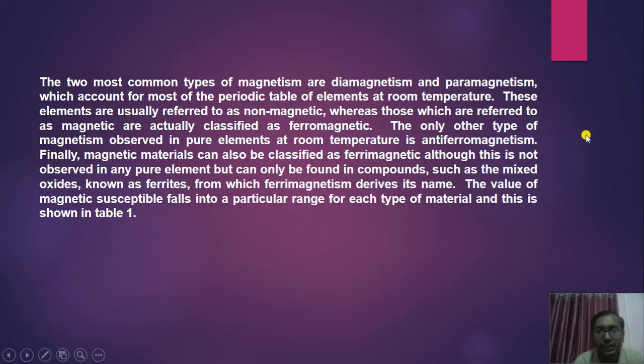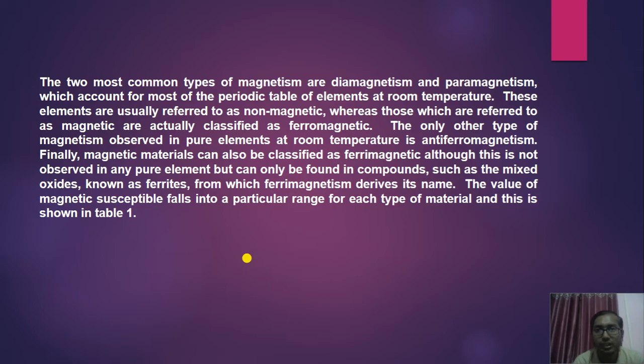And finally, magnetic materials can also be classified as ferrimagnetic. The name is derived from ferrites. We have some ferrite materials such as mixed oxides, which are compounds. This type of ferrimagnetic property is observed in ferrites, so we call them ferrimagnetic materials.